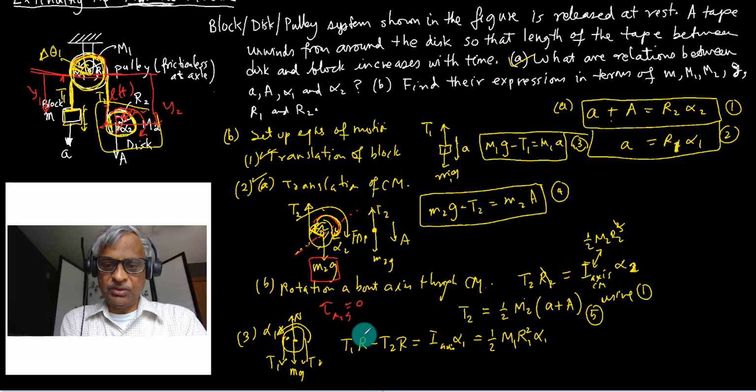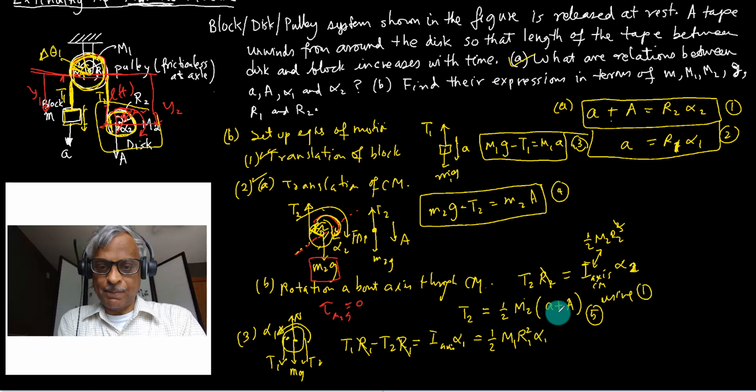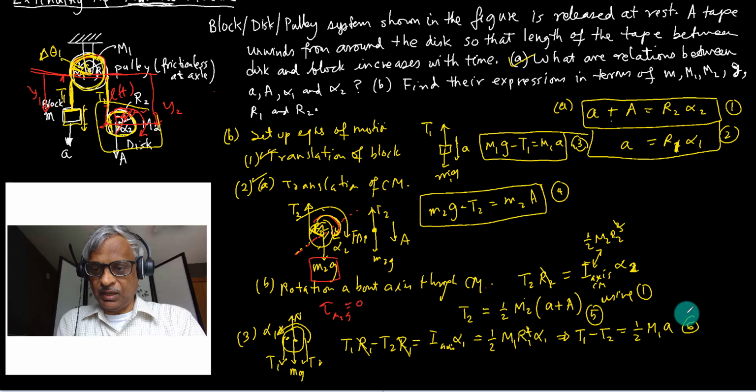You can see this is R1 squared, and this cancels out, and R1 alpha 1 is just A. So this is going to be T1 minus T2 equals half M1 A. So this is equation number 6.